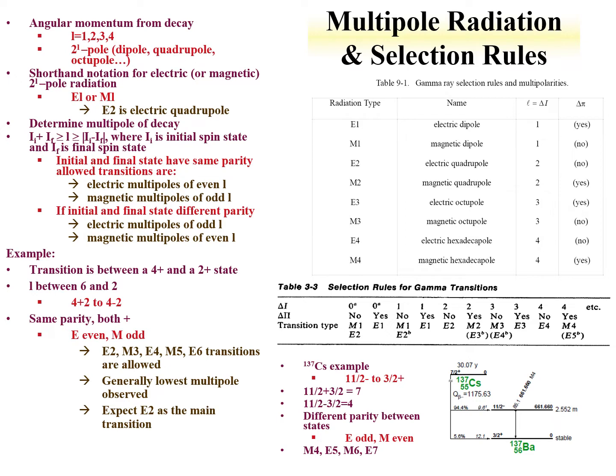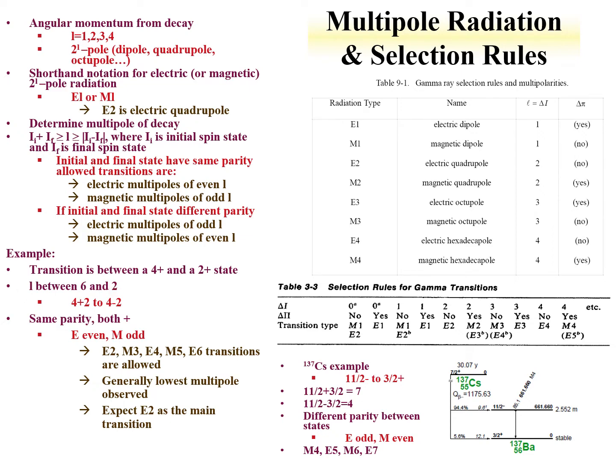Let's assume that there's a gamma transition from an excited state of 4 plus to a ground state of 2 plus. So if we go back over here, the angular momentum will run from the sum and the difference of these values. So 4 plus 2 is 6, 4 minus 2 is 2. So L will be between 2 and 6, so it'll be 2, 3, 4, 5, and 6.